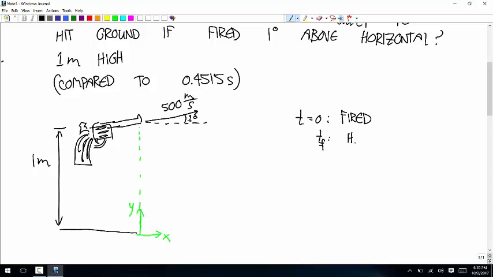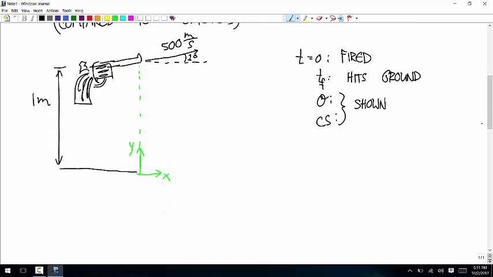Time final is when it hits the ground. The origin location, the coordinate system orientation, those are both just shown in that picture. And now we have to think about what we know and want.